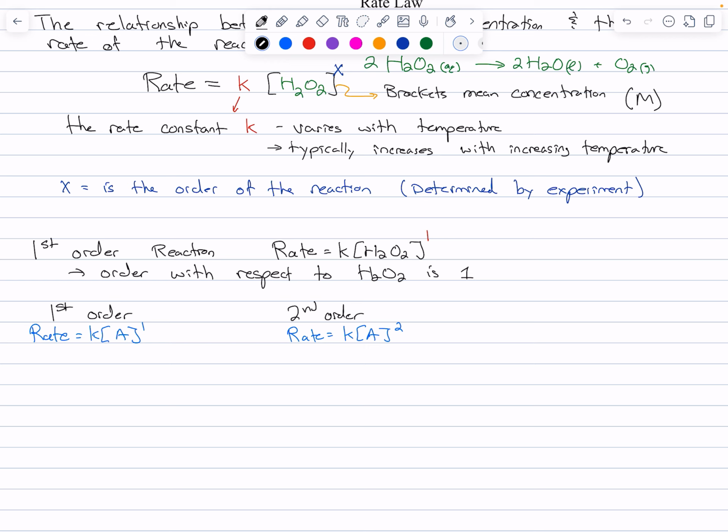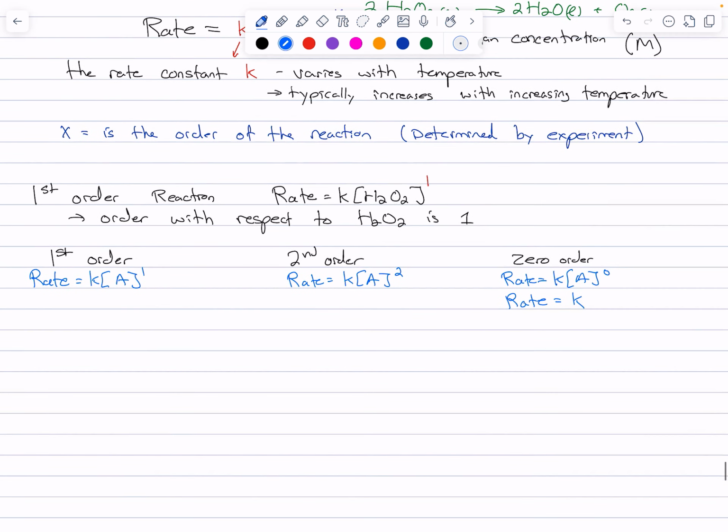And then there's also zero order, where our rate equals K, rate constant K times concentration A to the 0 power, which is basically the same thing as rate equals K. So this is a rate law. All it's doing is predicting. I'm going to show you how in a second, but first, let's do a quick example of the rate law.